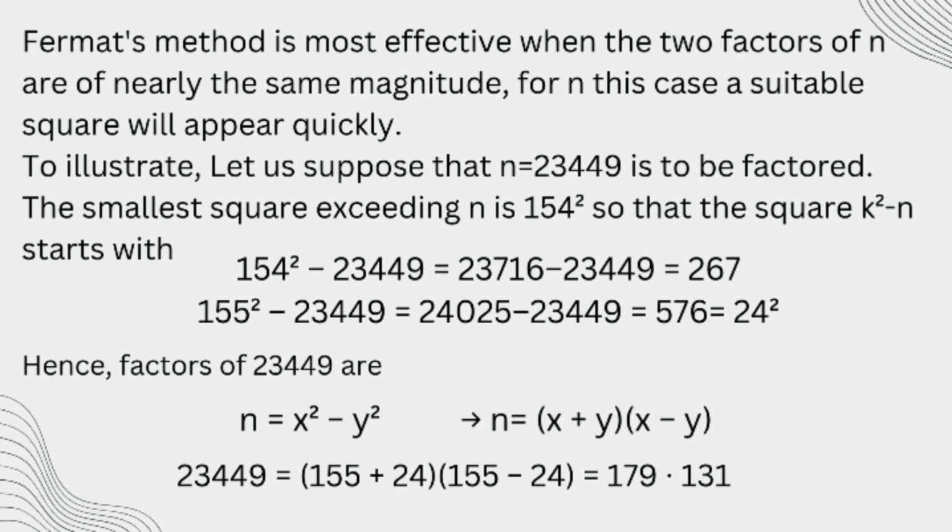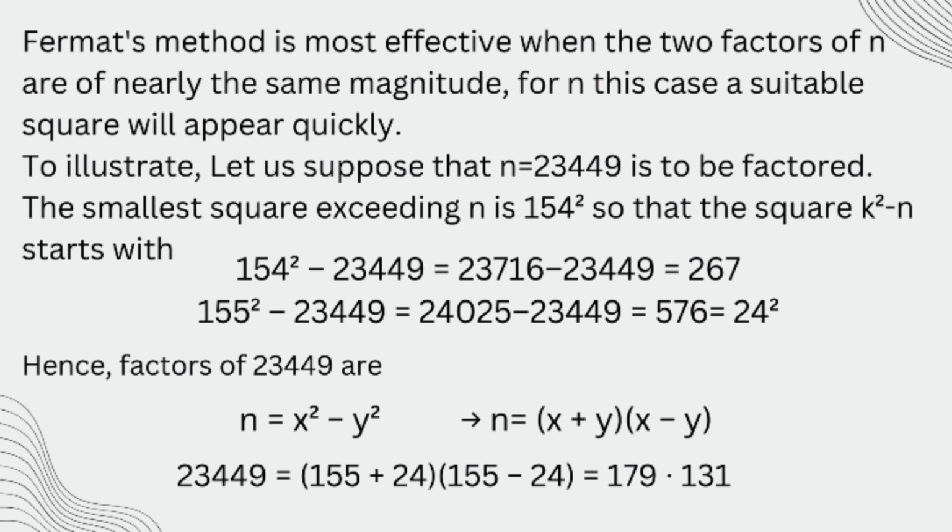Hence, factors of 23,449 are, so alam naman po natin na ang factor ng n is equal to x squared minus y squared ay n is equal to x plus y times x minus y. So, ang n po natin ay 23,449 and then ang x squared po natin ay 155 squared. And yung y squared po natin ay 24 squared.